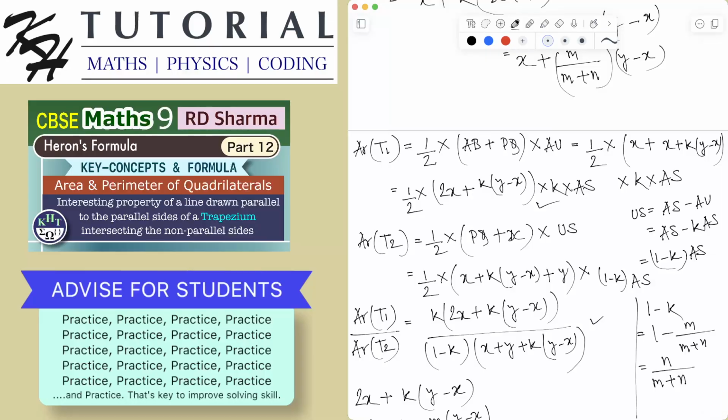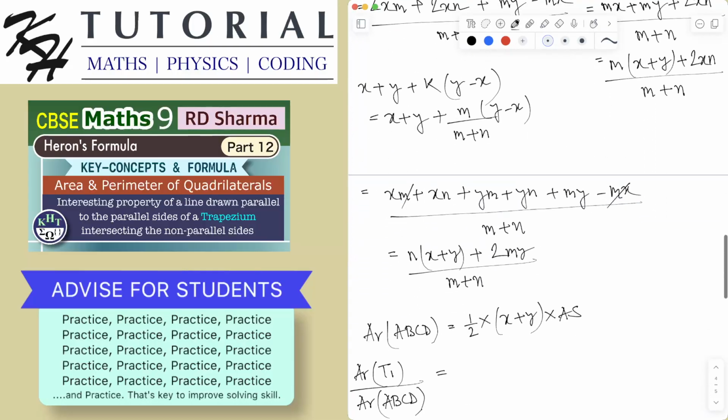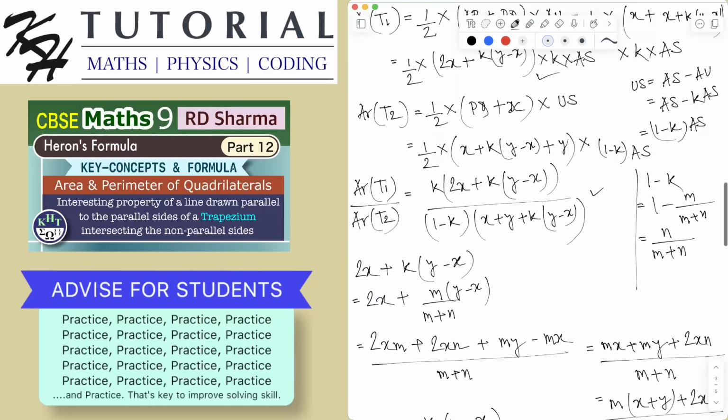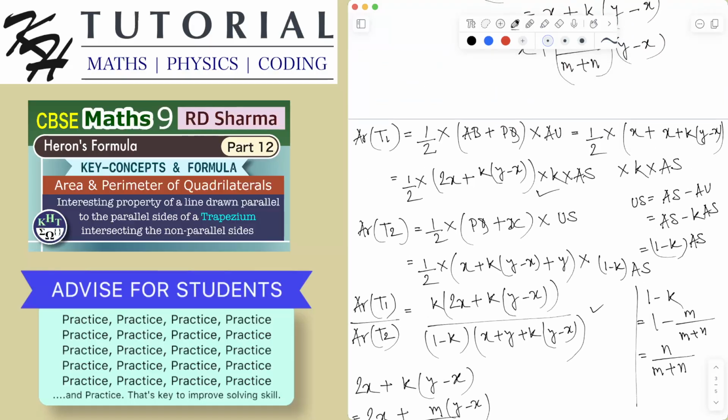So we will have k into 2x plus k into y minus x, divided by x plus y, because AS and half will cancel out.